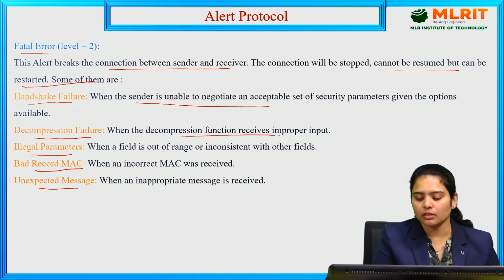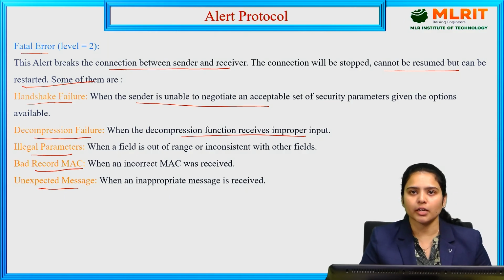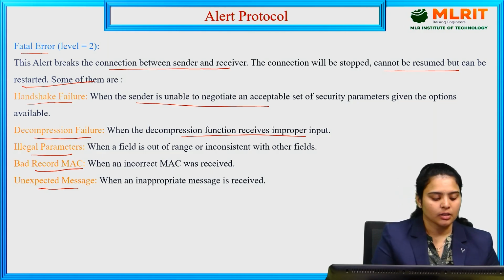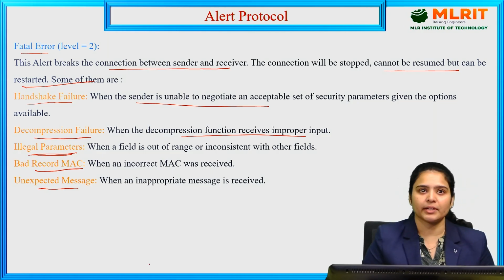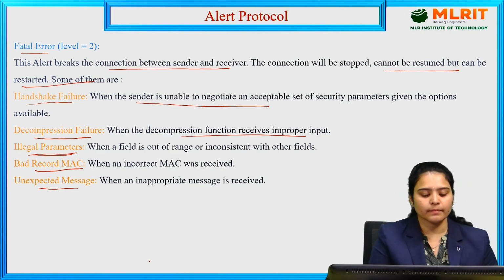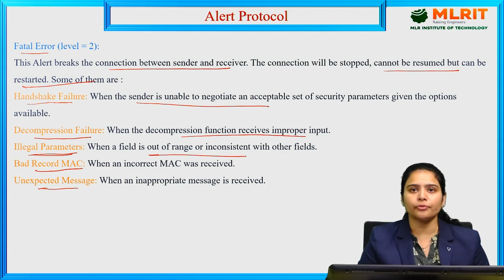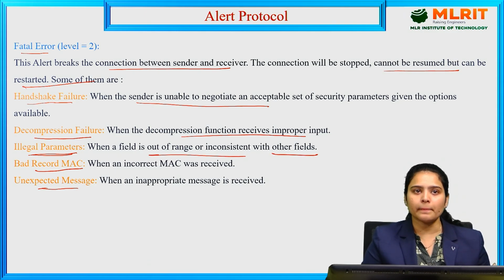In decompression failure, the decompression function receives improper input. The next one is illegal parameters. In illegal parameters, a field is out of range or inconsistent with other fields. That is the main theme of illegal parameters.